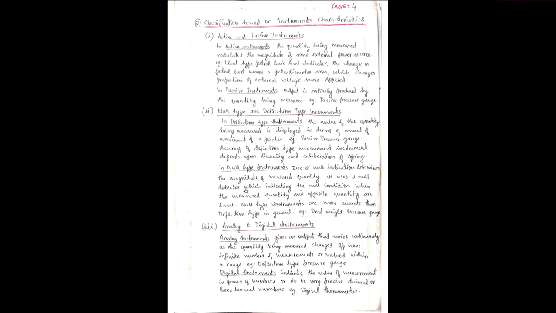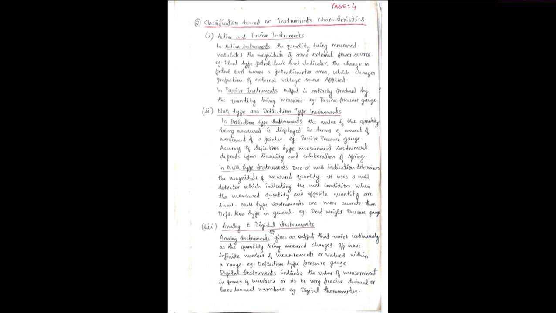It indicates the null condition when the measured quantity and the opposite quantity are the same. Two quantities will be there. When the measured quantity and the opposite quantity are the same, this null indicator will be pointing to zero. Okay, null type instruments are more accurate than deflection type in general. Example, dead weight pressure gauge.